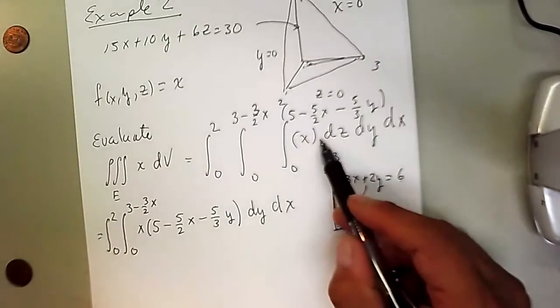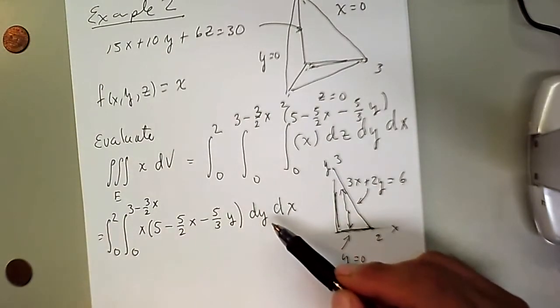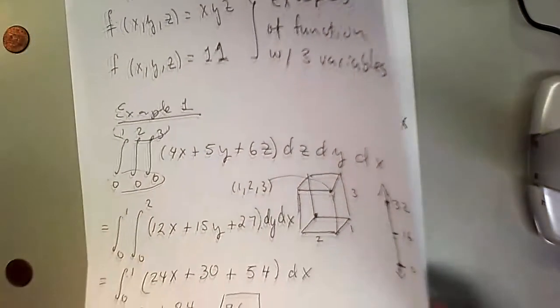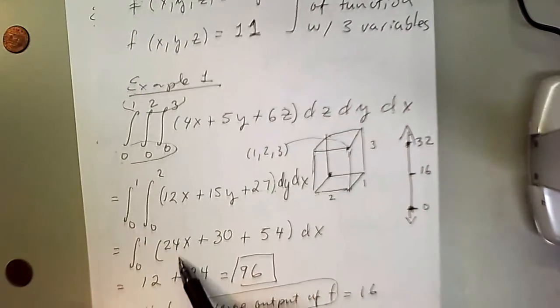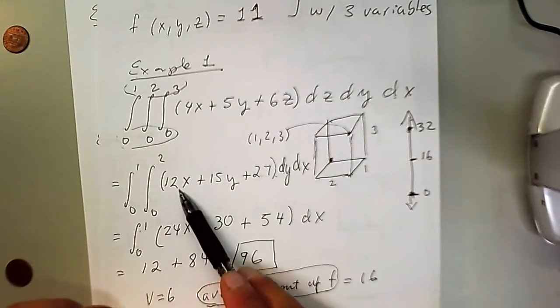I am pulling a fast one on the watchers of this video, but I did that here too. When we went from here to here, in example 1, I did pull a fast one because I said, well, this is 12.